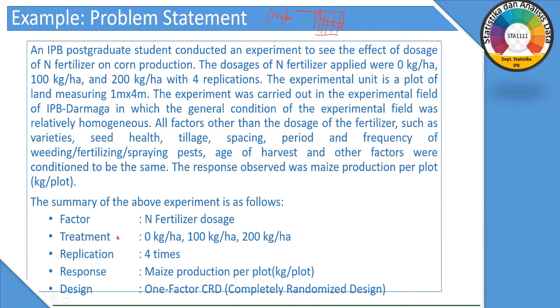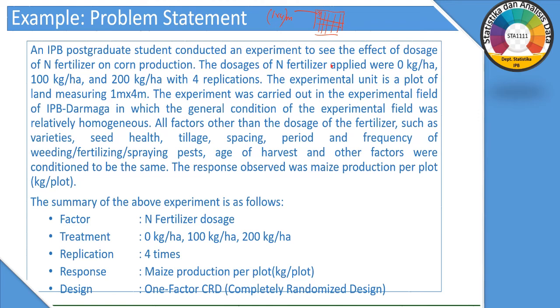And then the treatment or the levels are 0 kilograms per hectare, 100 kilograms per hectare, or 200 kilograms per hectare. Replication is 4 times. So the response will be maize production per plot, right? So the design here is one factor CRD, or completely randomized design. Okay, so you need to have 3 times 4, 12.